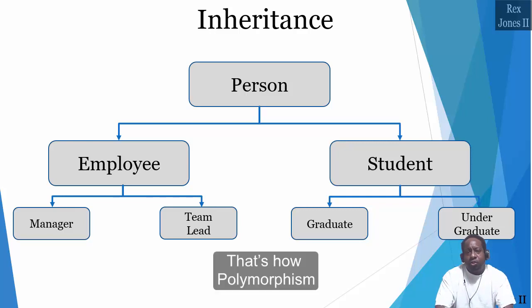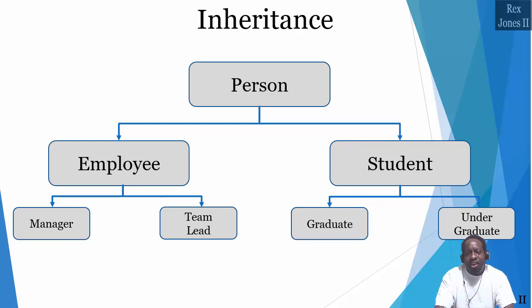That's how polymorphism maintains the capacity to take on many forms. With this diagram, undergraduate has three forms. Undergraduate has the form of a person, a student, and also its own type, undergraduate.